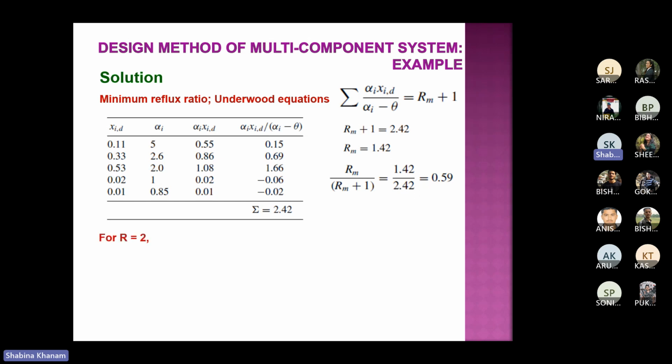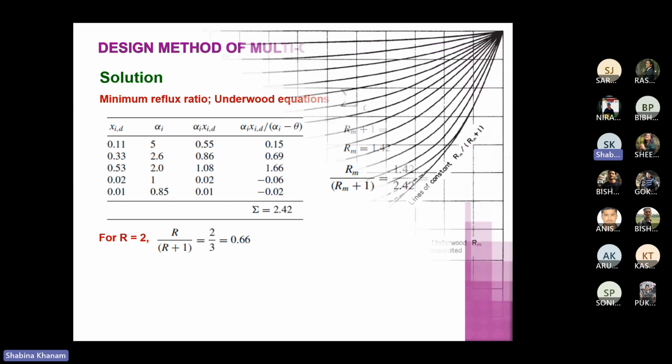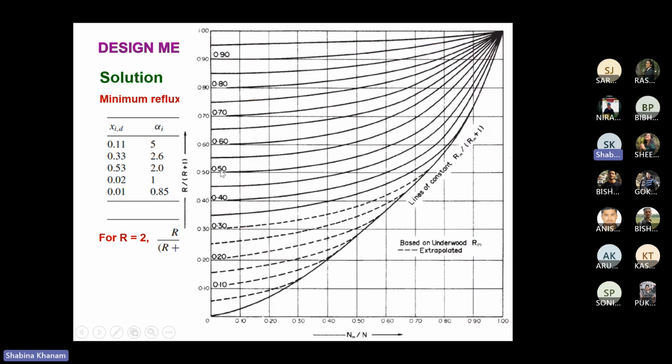And reflux ratio, if you consider 2, that should be 0.66. So we can use this graph. For Rm by Rm plus 1, 0.59 is given, so you can have this particular curve.